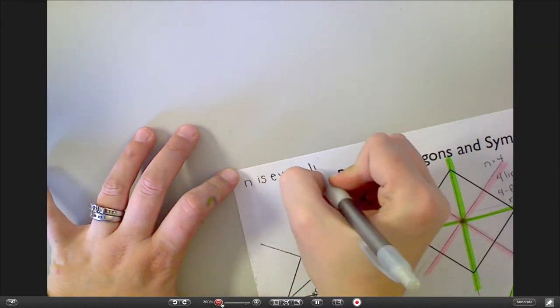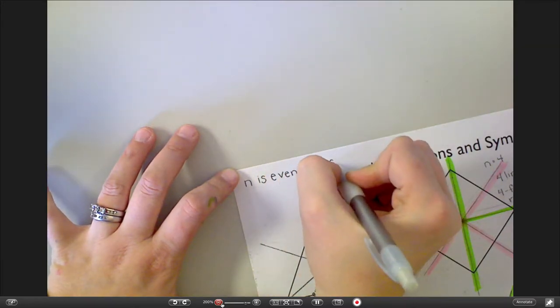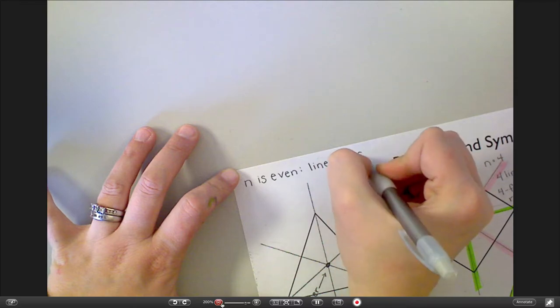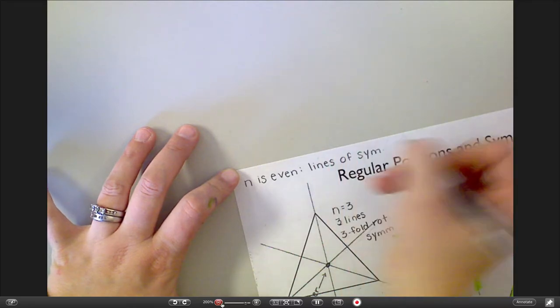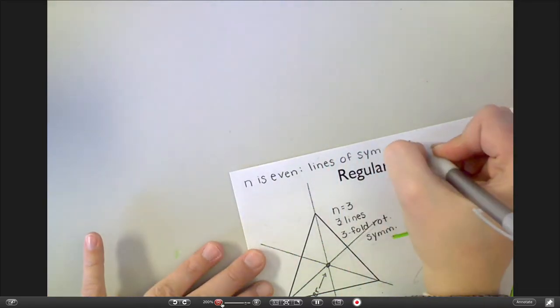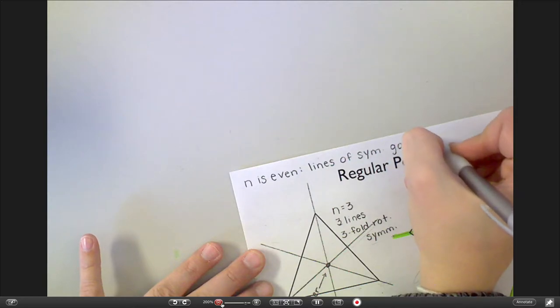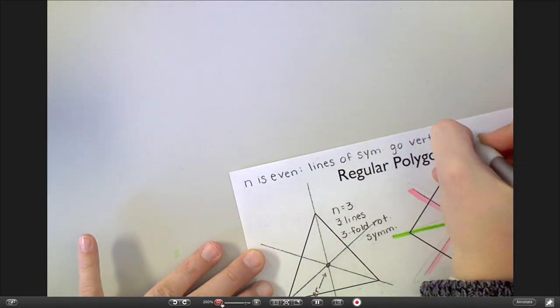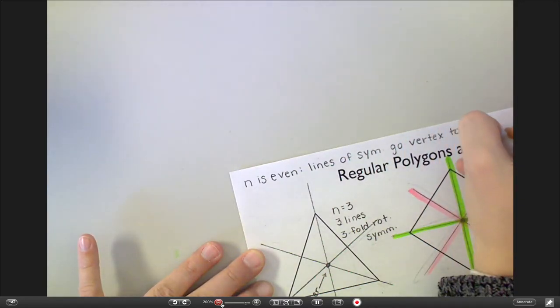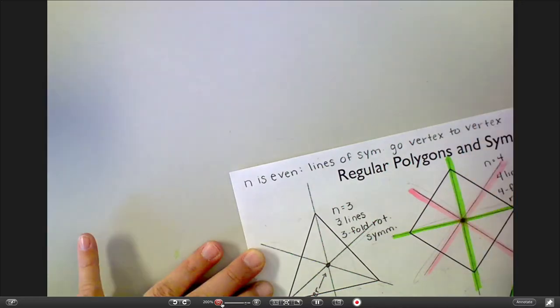the lines of symmetry go vertex to vertex and perpendicular bisector of opposite sides.